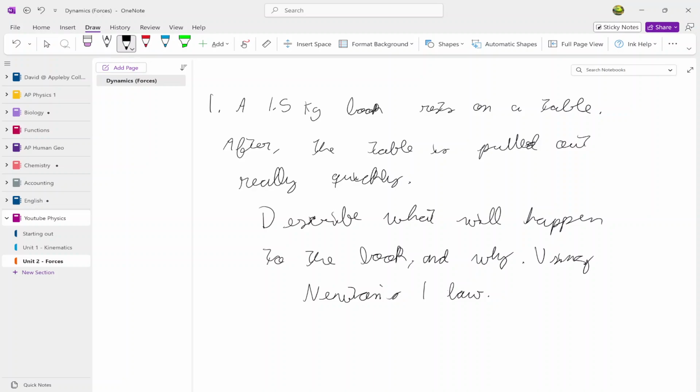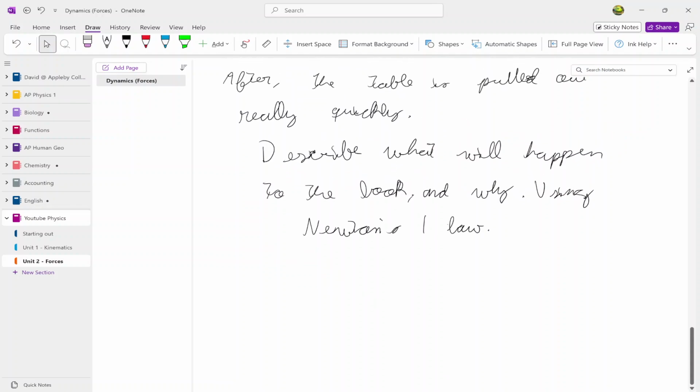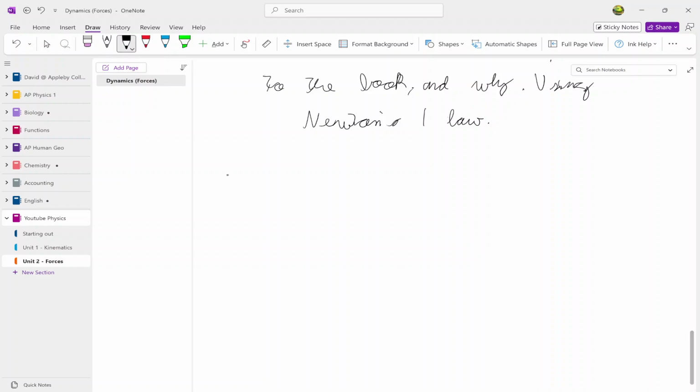And so, using Newton's first law, how can we describe what will happen to the book if the table is pulled out really quickly? So, what is Newton's first law? Well, here it is.